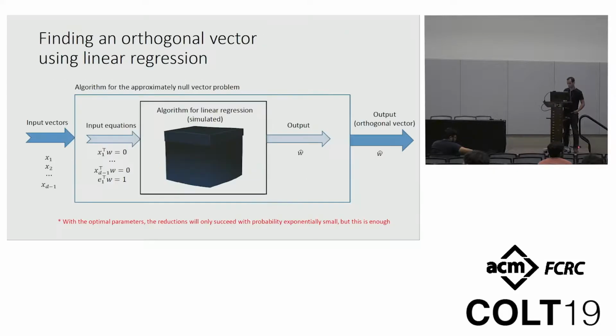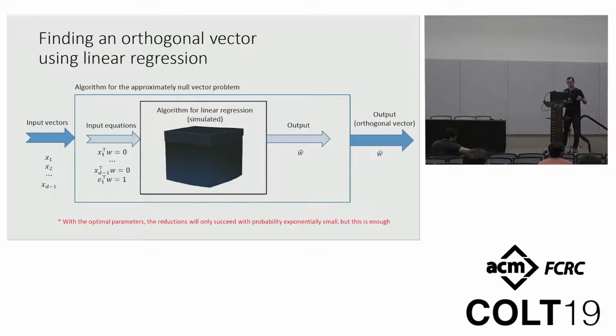So first, we show that linear regression is harder than finding an orthogonal vector. In order to do this, we show that we can solve the orthogonal vector problem using an algorithm for linear regression with the same amount of memory.